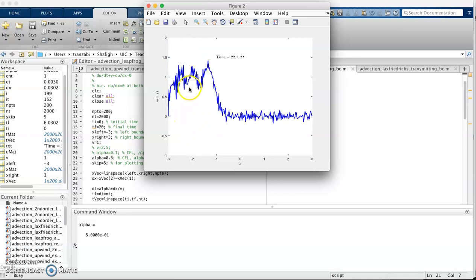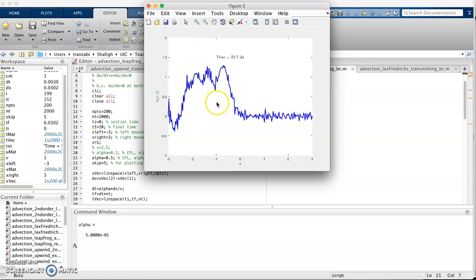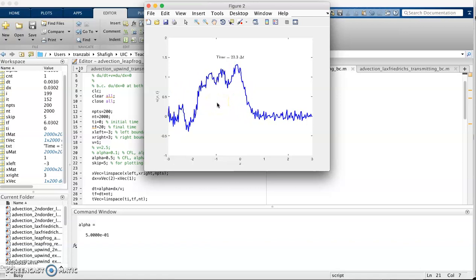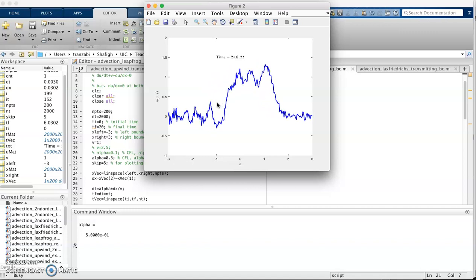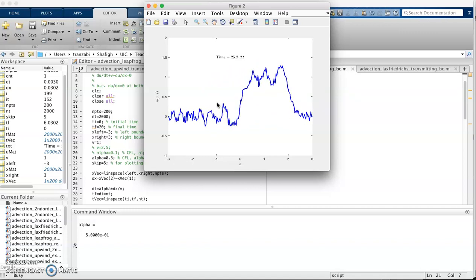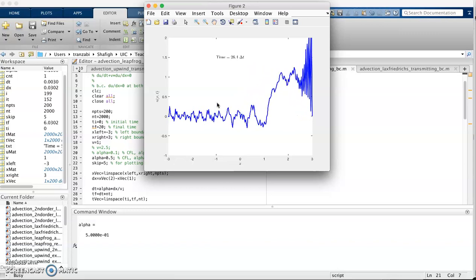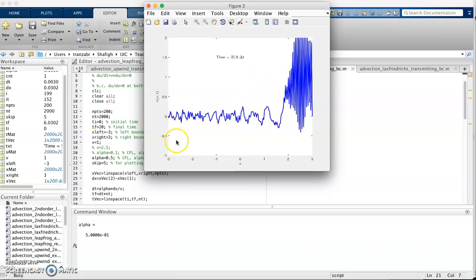Again, these errors that you see show up as traveling wiggles because we are using explicit methods, and explicit methods are always prone to have errors. But the errors are bounded because alpha is less than 1.